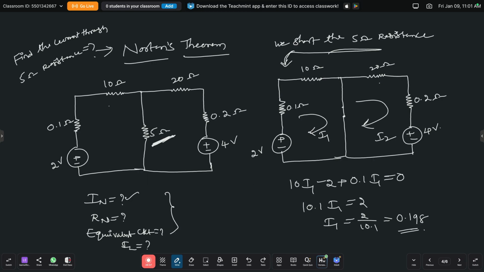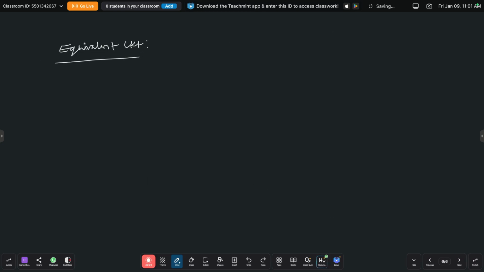In the same way, according to the statement of Norton's theorem, we can draw the equivalent circuit. So what is the statement of Norton's theorem? Norton's theorem states that in any linear bilateral network, the given circuit consisting of any number of resistances and voltage sources can be replaced by a single current source connected in parallel with a single resistance, connected across a load.